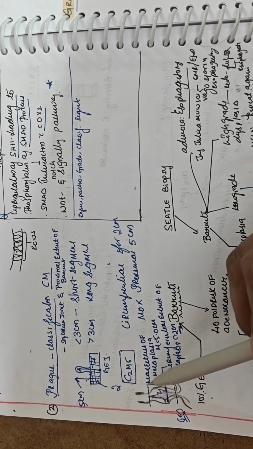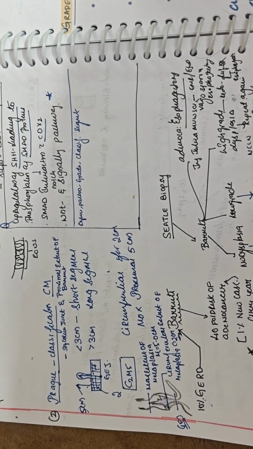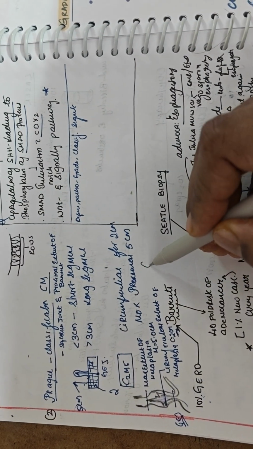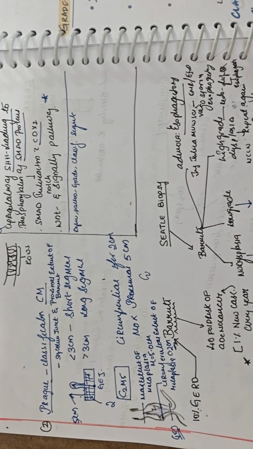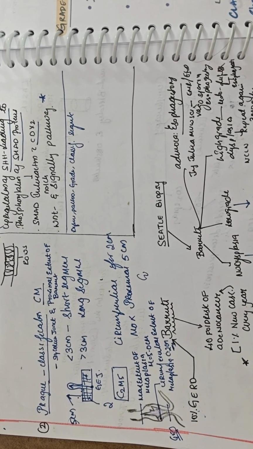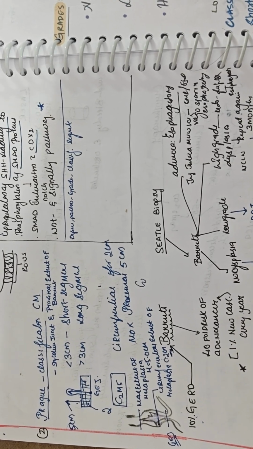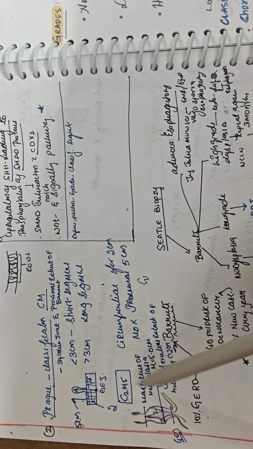So in Prague's classification, we call this C2M5. What is C2M5? The circumferential extent of metaplasia is 2 centimeters, and the maximum extent of metaplasia is 5 centimeters.